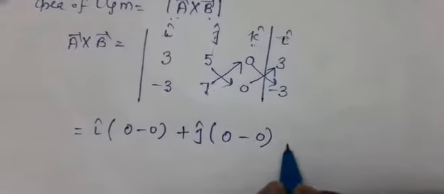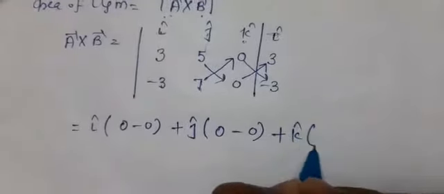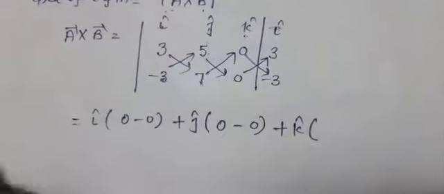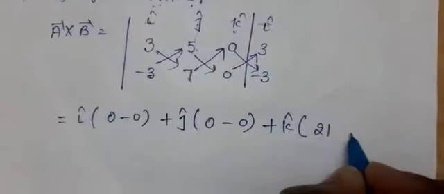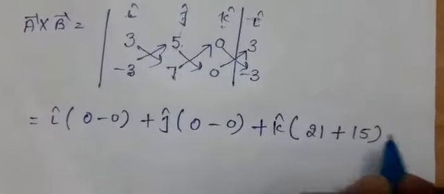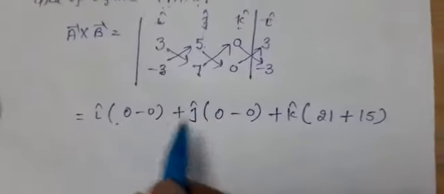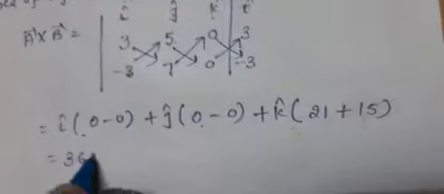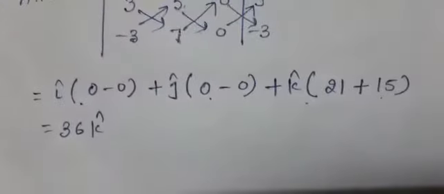Then what is left? We have to calculate the k coordinate. So it will be 3 into 7 minus the product of these two. So it is 21, minus plus, and 3 into 5, 15. You can see here there is no x coordinate, no y coordinate, only the z coordinate is present. So the z coordinate is 36k.